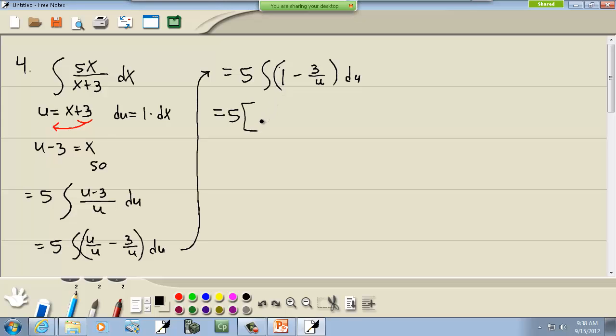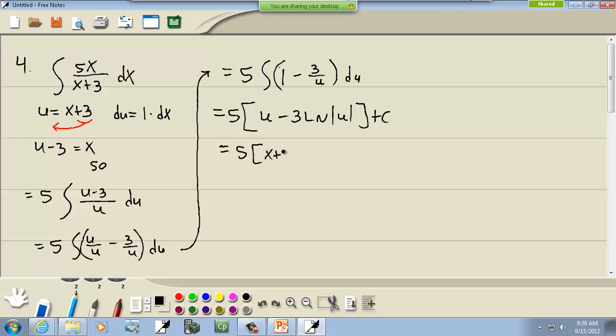Now the integral of 1 in terms of u is u minus an integral of 1 over u. The 3 just stays out in front. The integral of 1 over u is natural log of the absolute value of u. And then plus c. Well, now we need to plug our u back in. Over here we said u is equal to x plus 3.